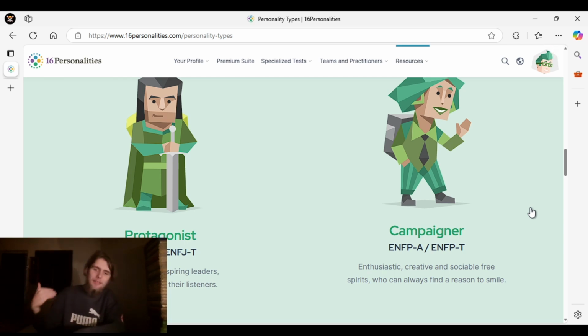Every time you see someone being quirky and energetic, or just spontaneous, you'll know this is an ENFP for sure, because these are the types that will do something that they feel is right, that they feel is appropriate to do.